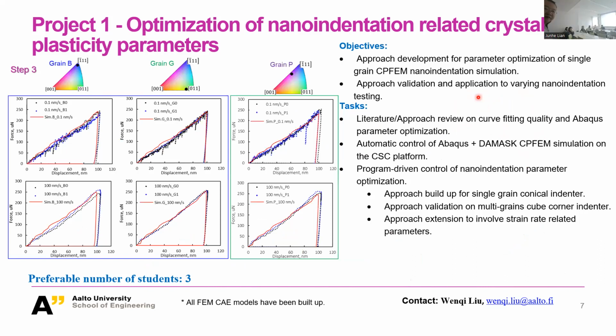Here are some details about different indentations from different grains. You will really get used to all this knowledge afterwards. And here you can see the main objectives. It's about the FEM simulation, and the second is about the optimization algorithm you're going to develop in the thesis in this project.